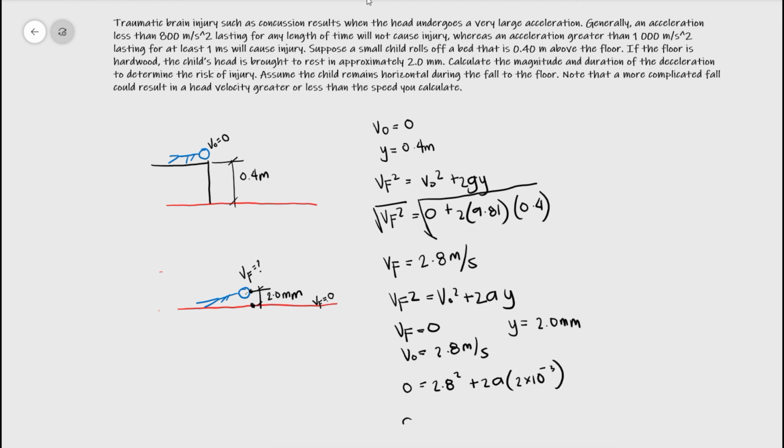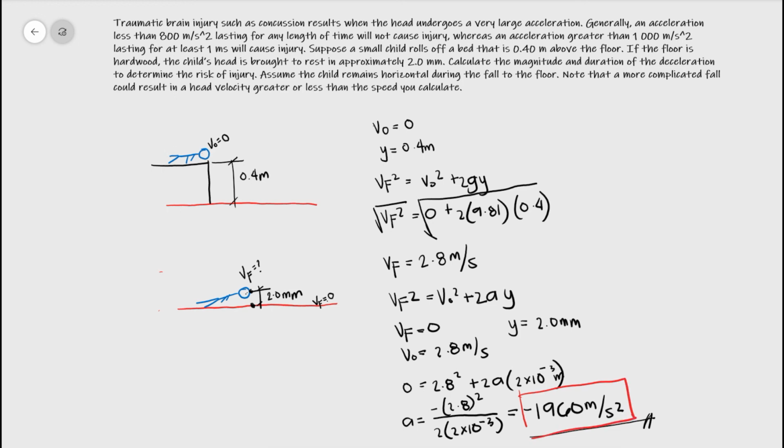Solving for a, we have negative 2.8 squared over 2 times 2 times 10 raised to negative 3. The deceleration is equal to negative 1960 meters per second squared. That is his deceleration.